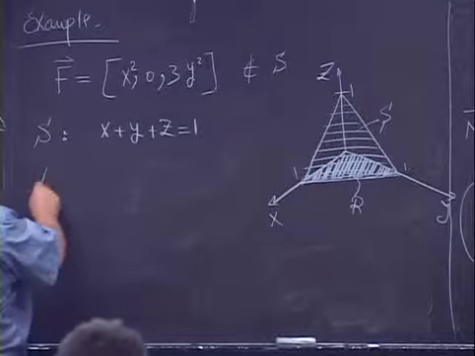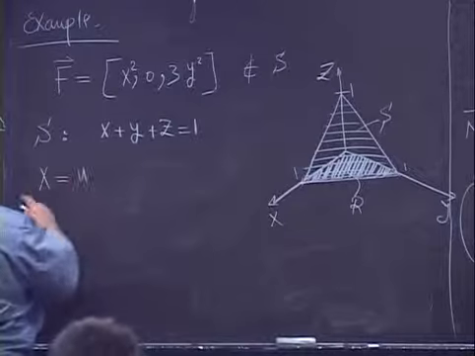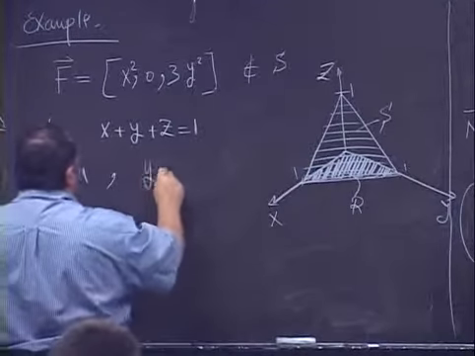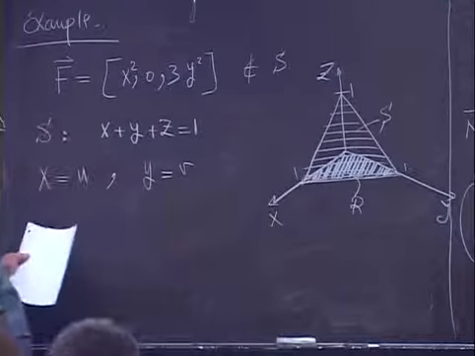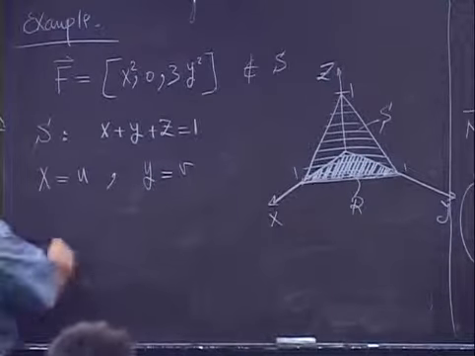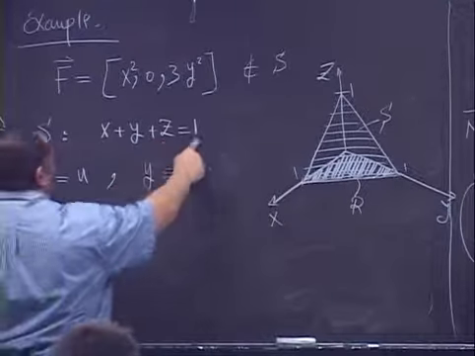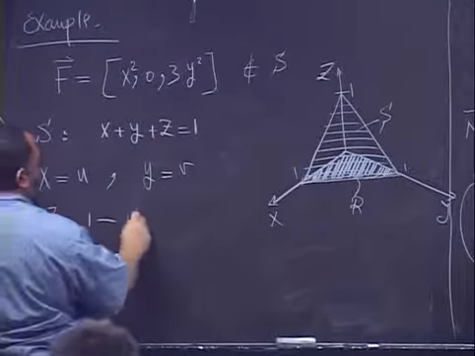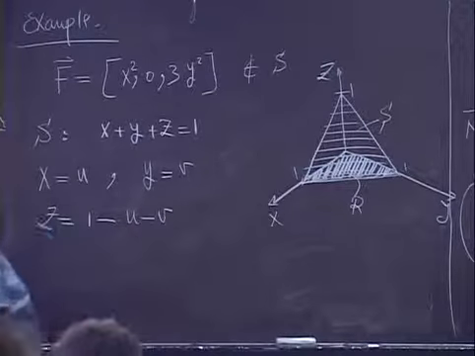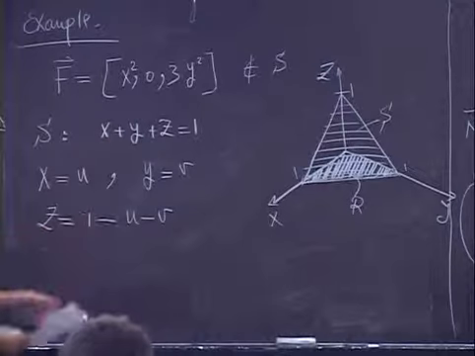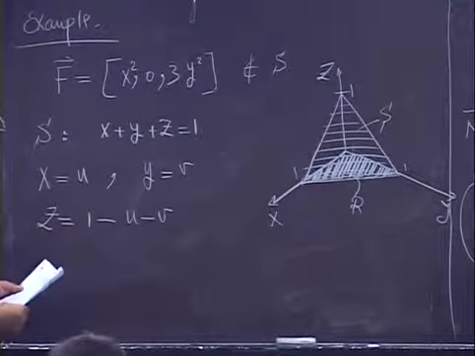So again, we will say that X is just the parameter U and Y is just the parameter V. So Z from here will be what? 1 minus U minus V. Okay guys, just a simple substitution for this.